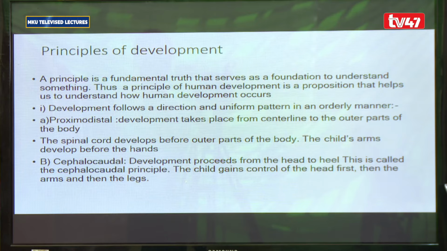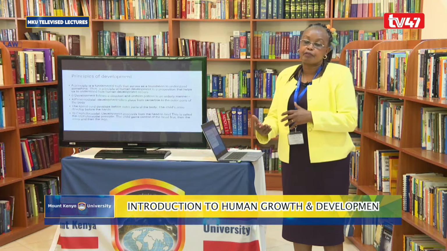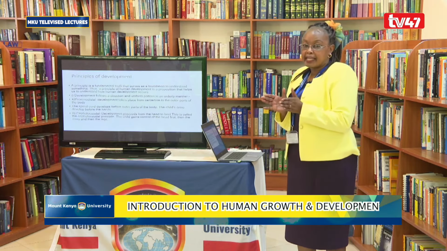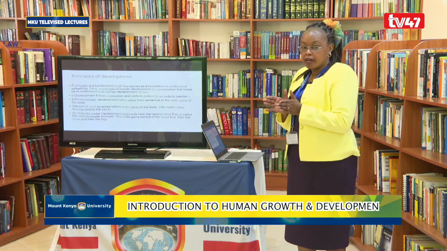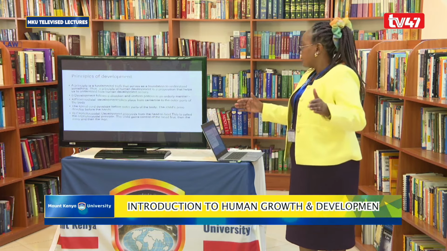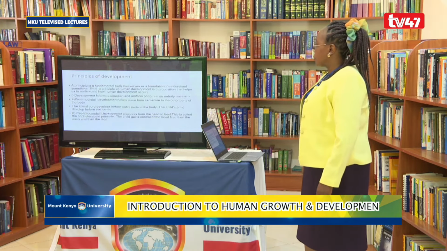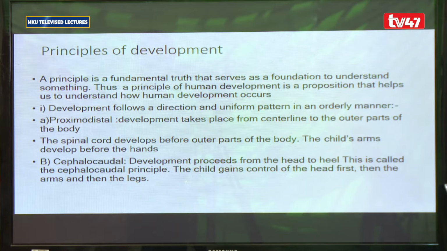So where is this center line? We think about the human being, especially during the prenatal state before the baby is born. The center line could be from the heart or the spinal cord to the outer. And therefore, for this example, you can see we have the spinal cord, which develops first before the outer part of the body, such as the arms and the legs.